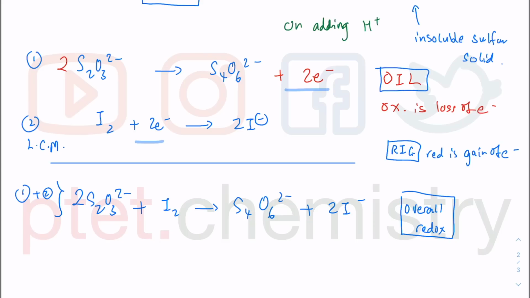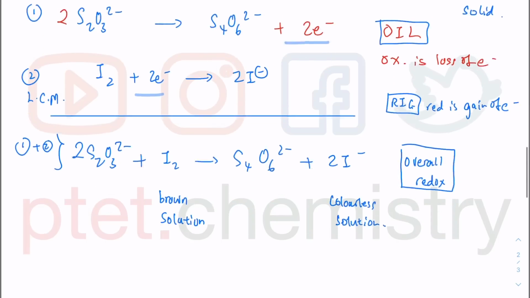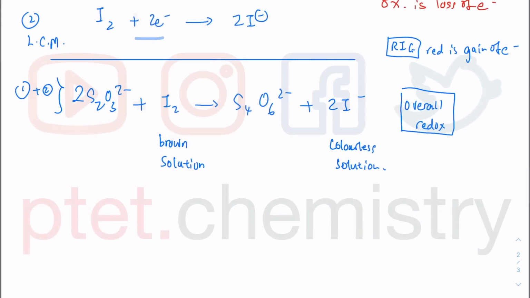So this thing here, this is brown solution. Be very careful. Iodine in solution is brown in color, and iodide is colorless as a solution. But because the brown solution can be quite hard to see towards the end, what you do is you can add starch, and you use starch in biology to test for iodine, and it will go blue-black when there is starch present, and it will give you a colorless solution when there is no more iodine.